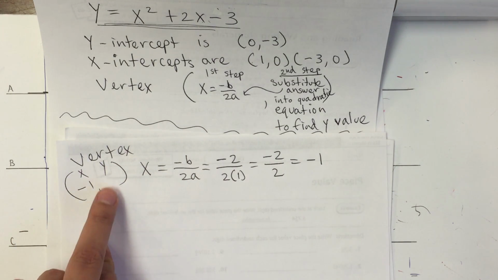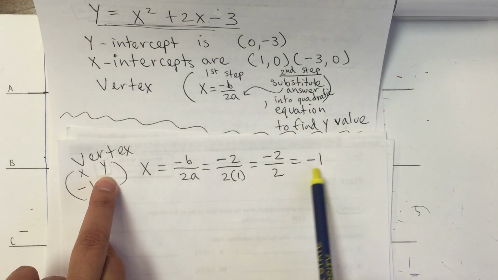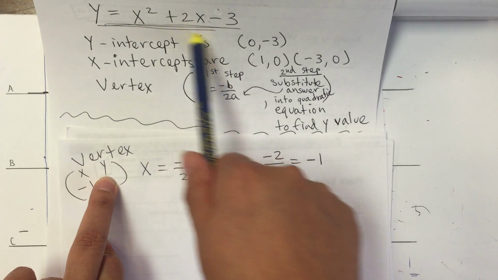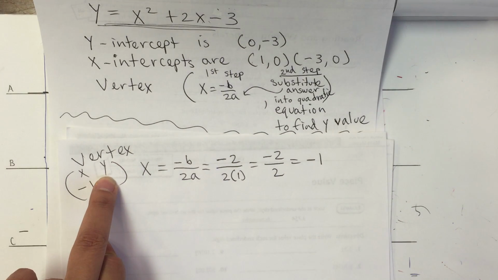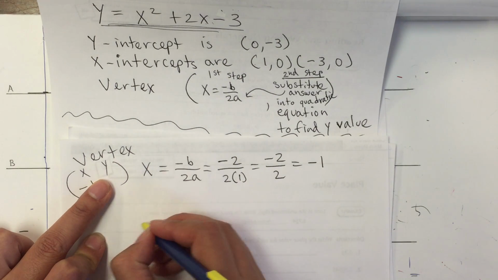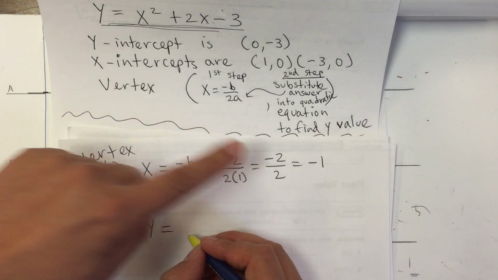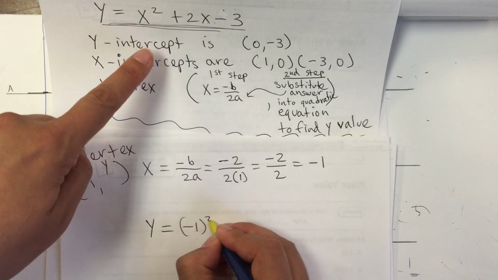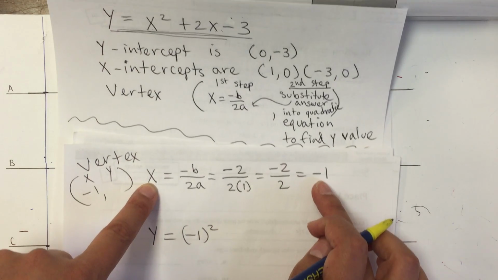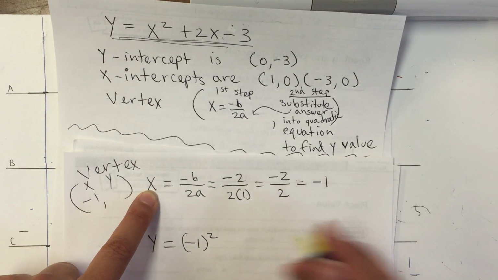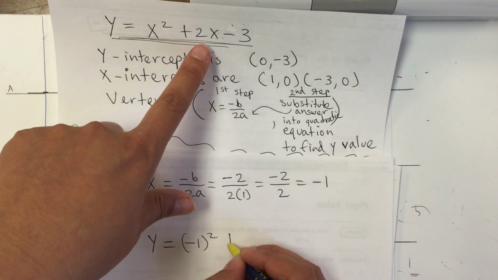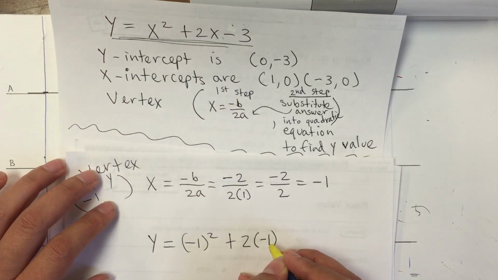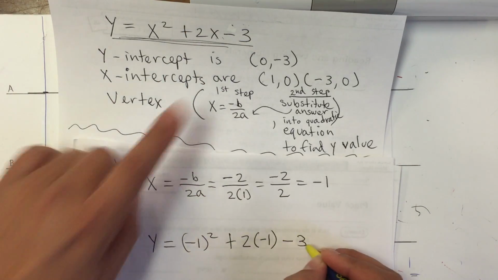Now I'm going to find the y by substituting the answer in my quadratic equation. And so the second step is y equals, instead of writing x squared, I'm going to write -1 squared because this is the value of x. -1 squared plus 2 times -1 minus 3 from here.